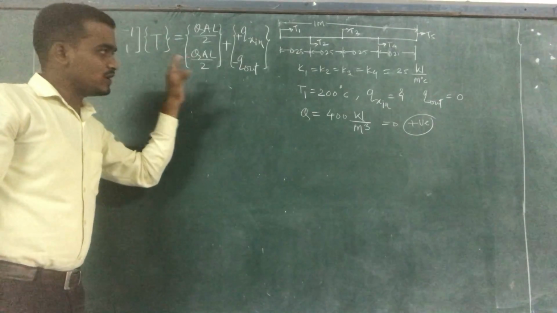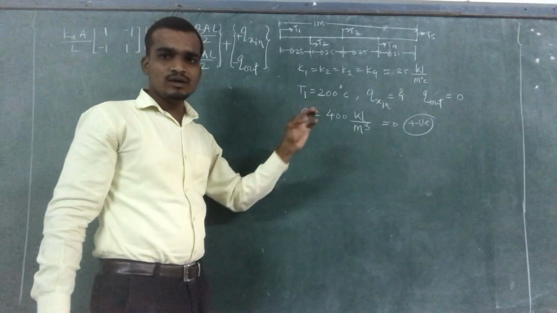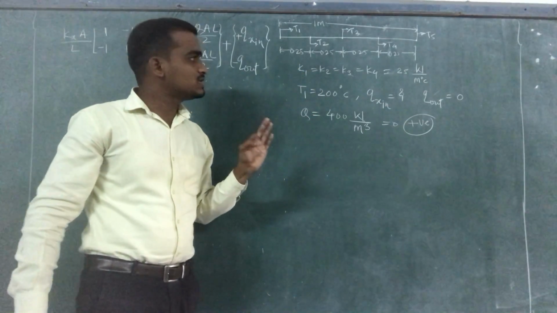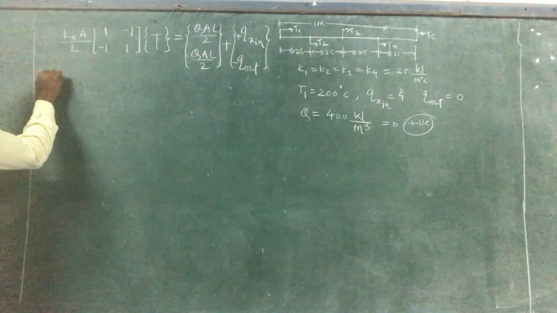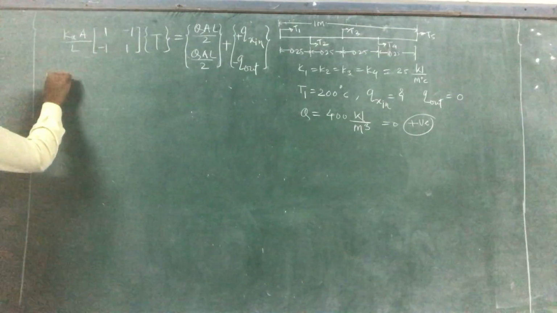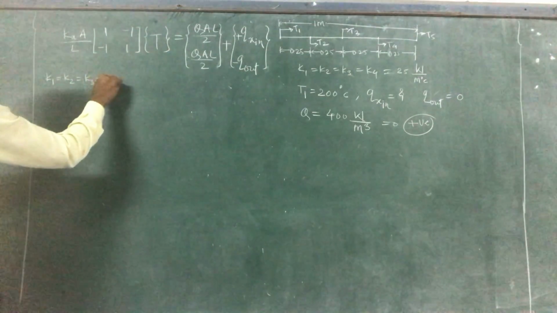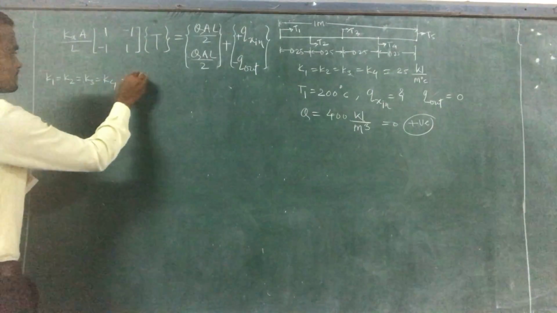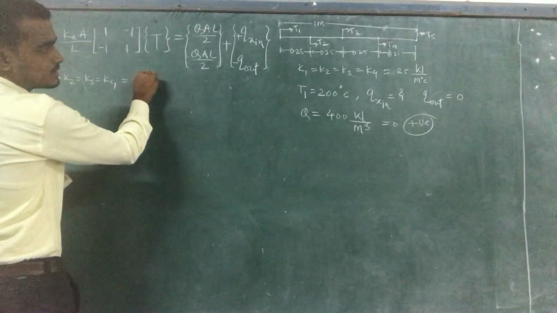The value of K is set and the value of length is also set, so all elemental conductive stiffness matrices are set. So K1 is equal to K2 is equal to K3 is equal to K4, which is nothing but Kx.